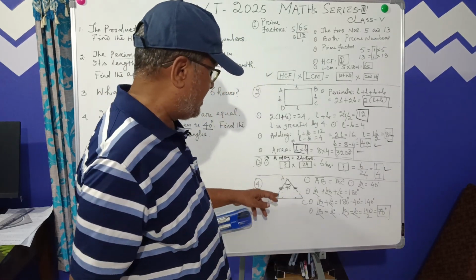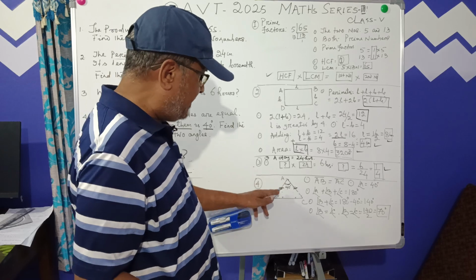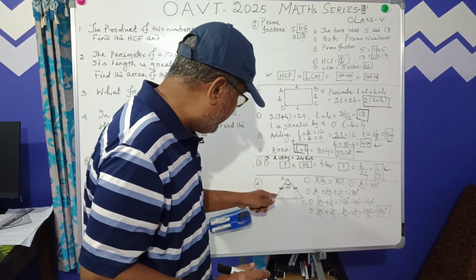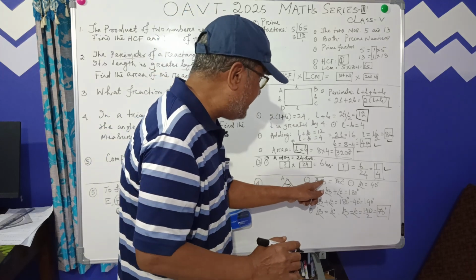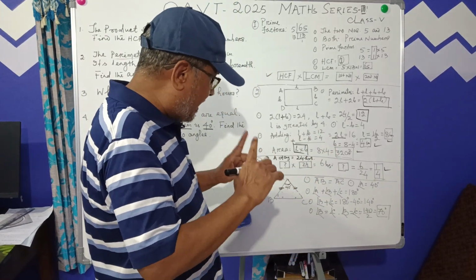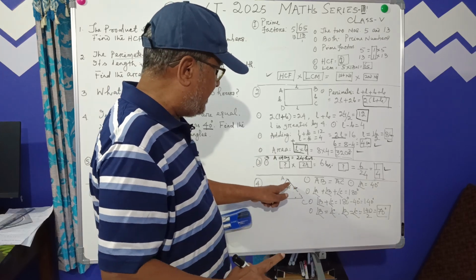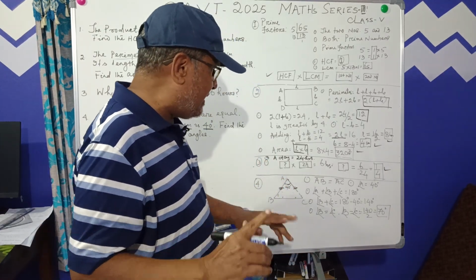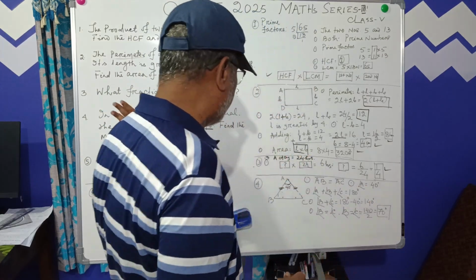You see, AB is equal to AC, so two sides are equal. And the angle formed by them is angle A. A is the common vertex. So the measure of angle A is 40 degree as per our question.